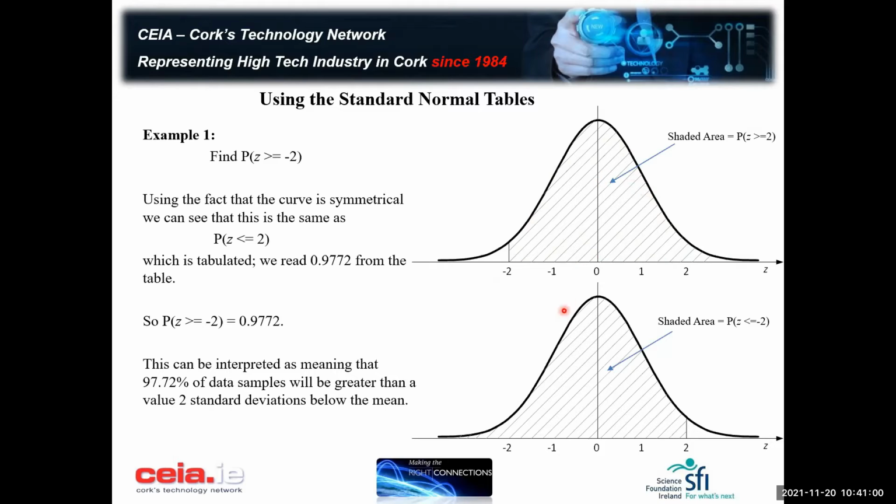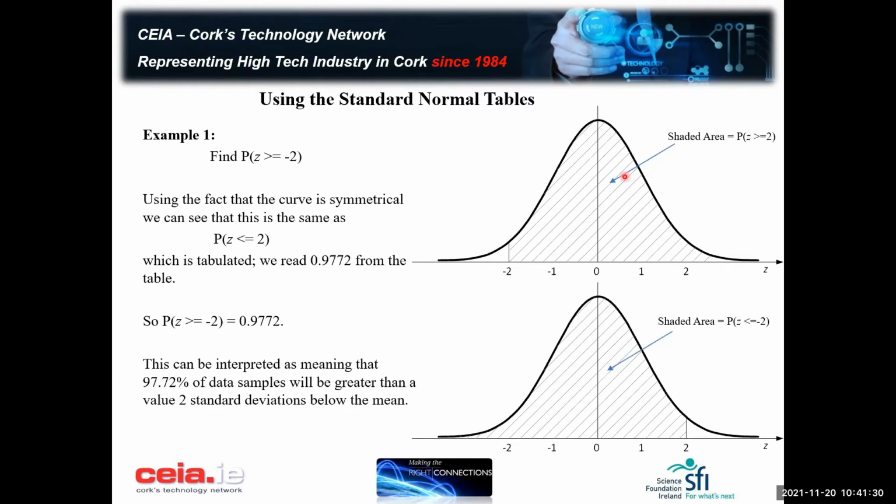What is tabulated is the mirror image of it, the probability that z is less than or equal to, and I've got a typo here, sorry. I got 2 typos there. This should be z greater than or equal to -2, and this is z less than or equal to +2 there. Sorry about that.